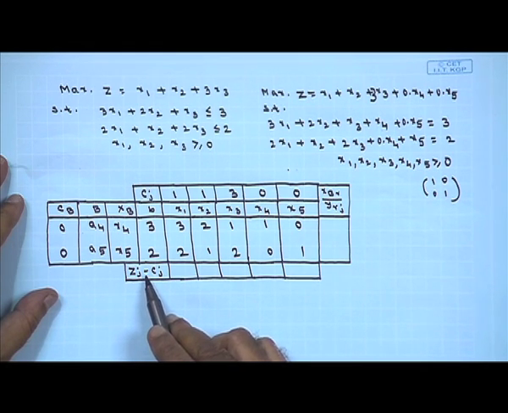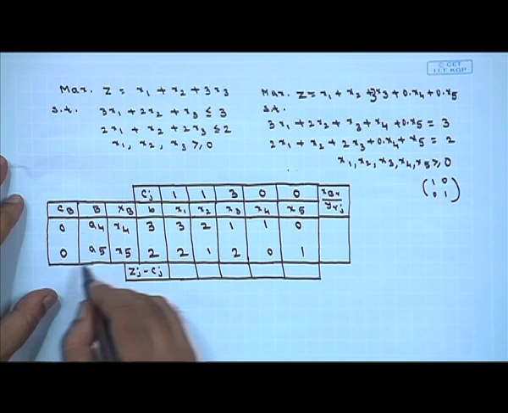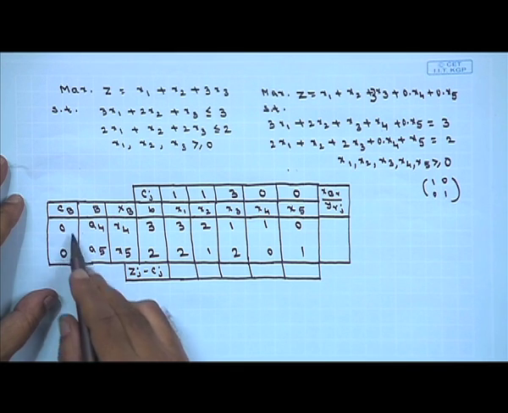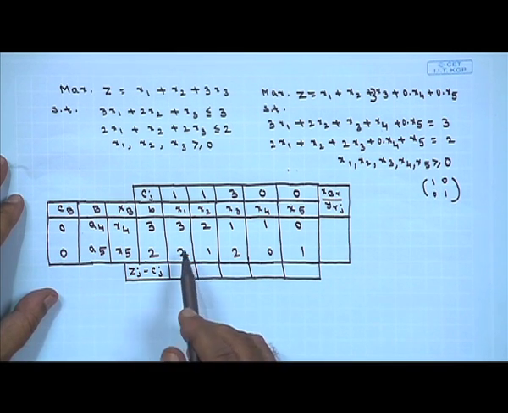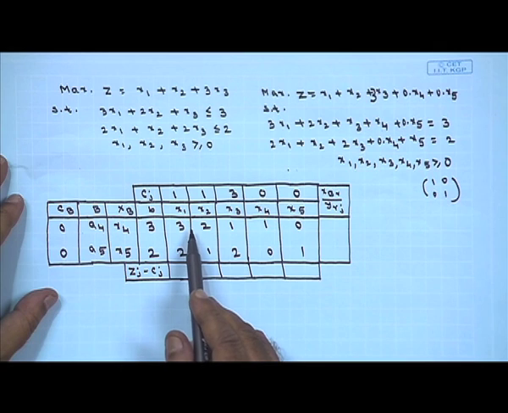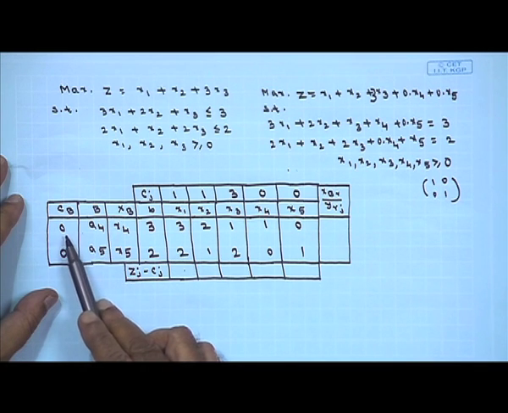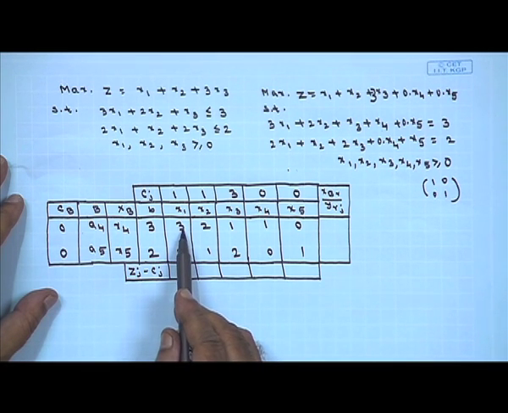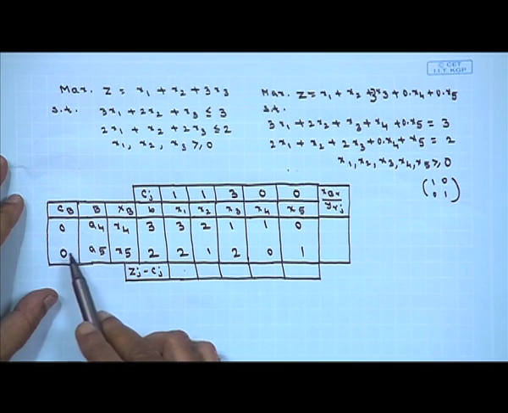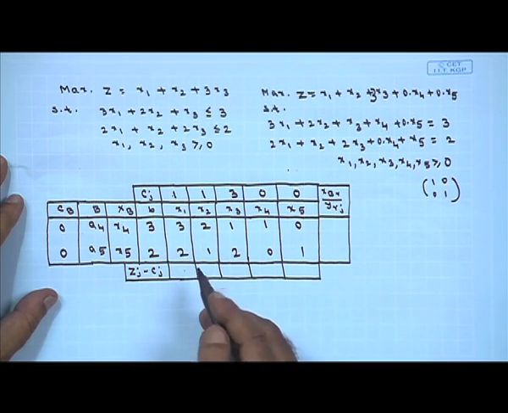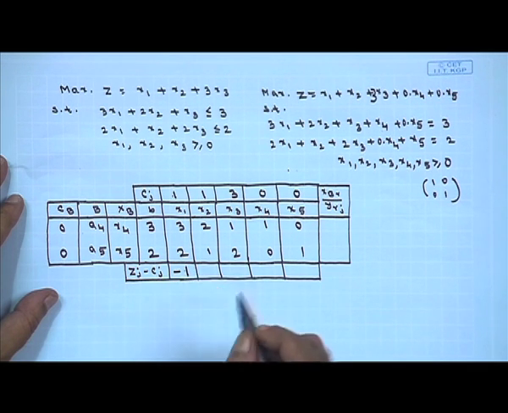The value of Zj minus Cj for the first column will be Cb into Xb, that is 0 into 3 plus 0 into 2, minus Cj, which we have written, and this equals minus 1.